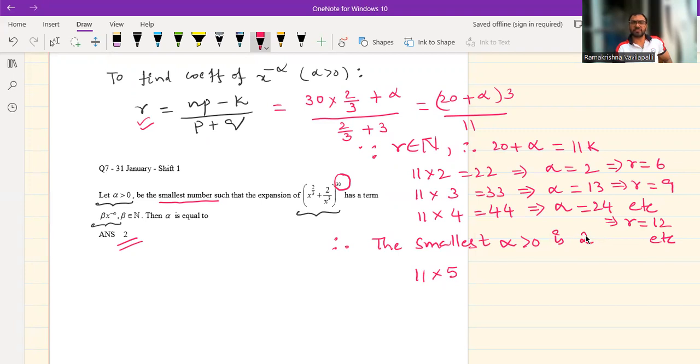So based on that, we need to find out alpha values and R values. So this is a very good question. Indirectly, they have asked at what position this beta into x power minus alpha is possible. We can find the value of beta also.